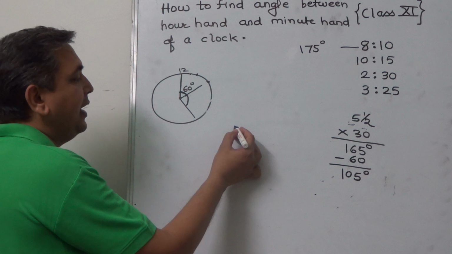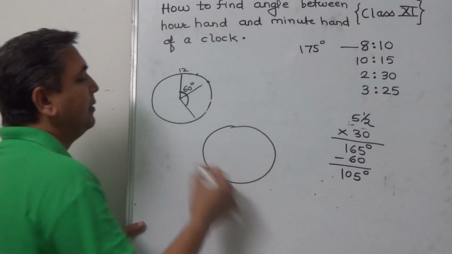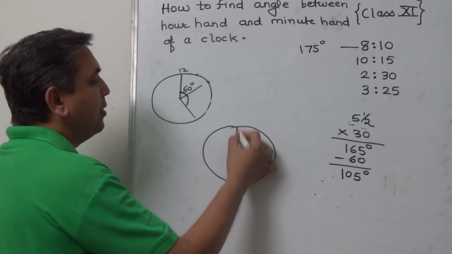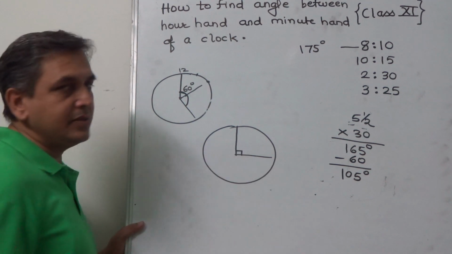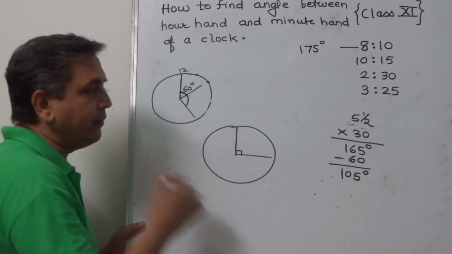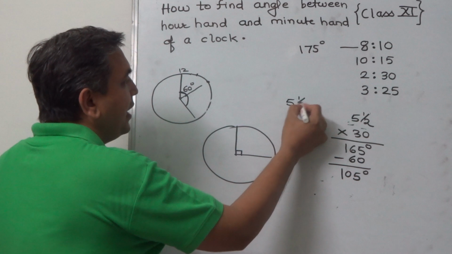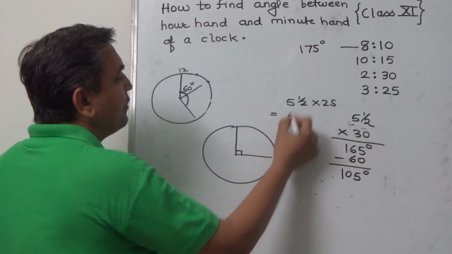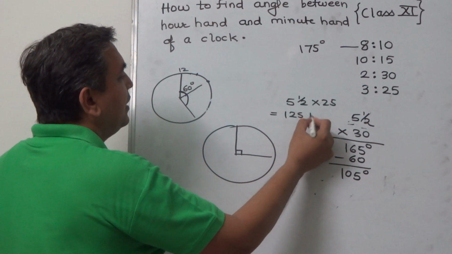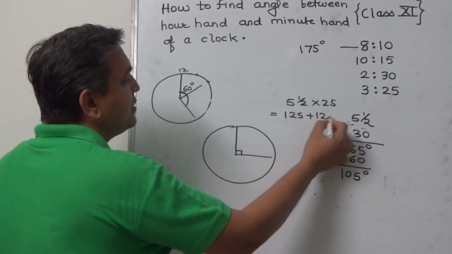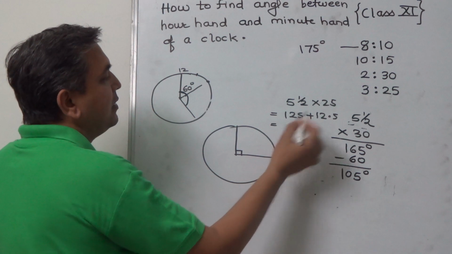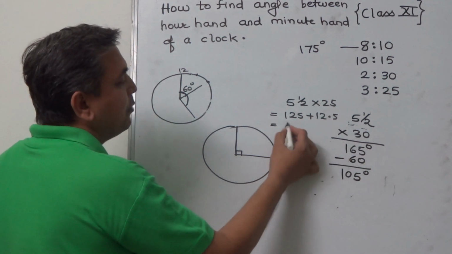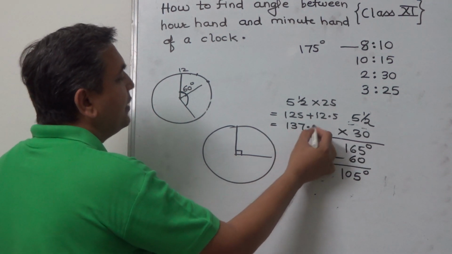Now let us find at 3:25. This is 3 o'clock. The angle is 90 degrees. Now for 25 minutes, 5.5 degrees into 25. This value gives 25 fives are 125 plus half of 25 is 12.5. So 125 plus 12.5 is 137.5.